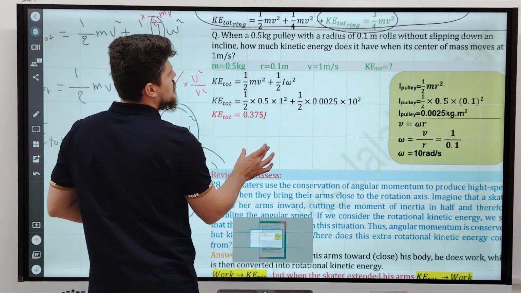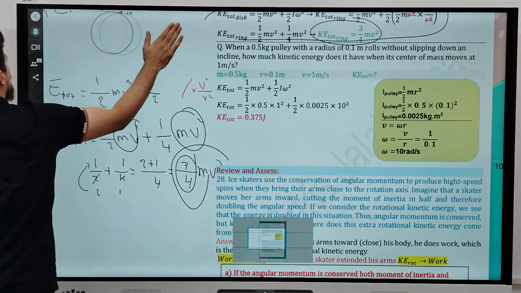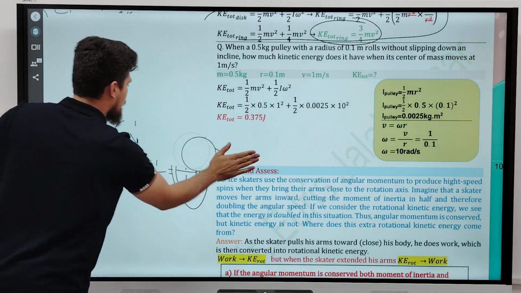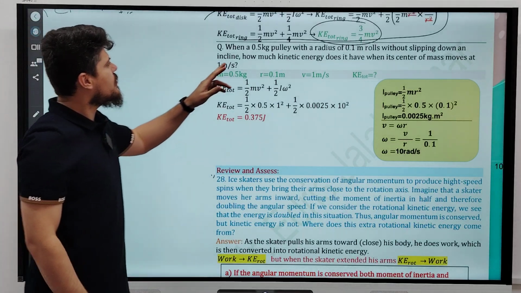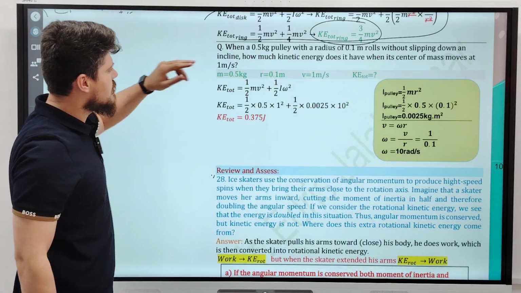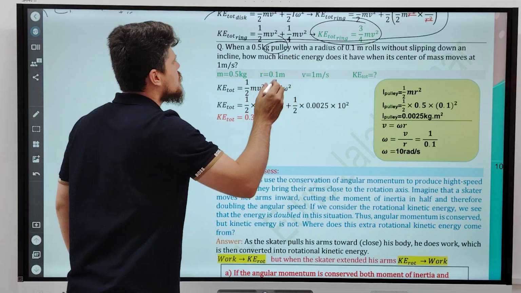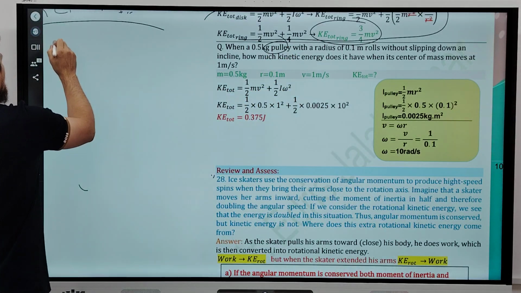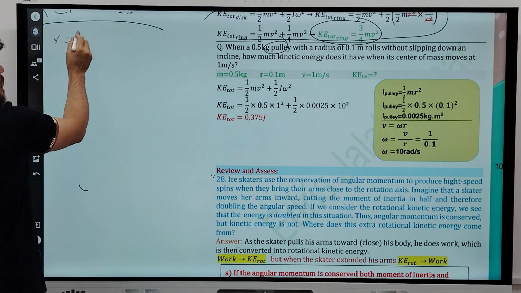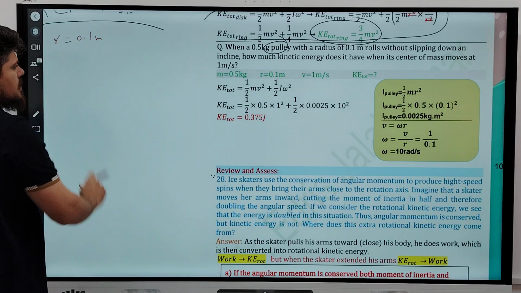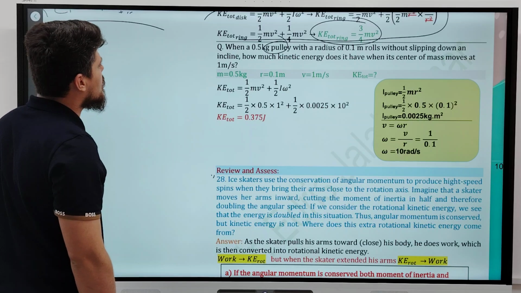I hope you understood well. And look at this question. Very good question, please. Listen carefully. The question says, a 0.5 kilogram pulley, shaped as a disc, with radius r equal to 0.1 meter, rolls without slipping down an incline.